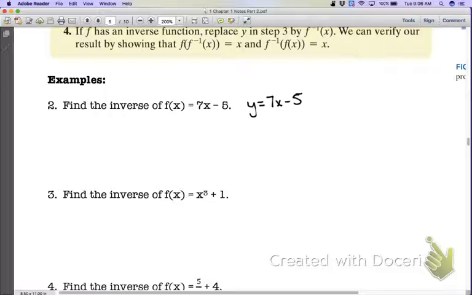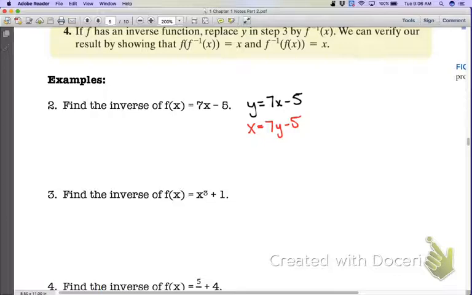Now, second step is to flip your x and your y value. So whenever I flip it, I just worry about the x and the y. It's going to be x equals 7y minus 5. Nothing else changes. Don't get in the habit of moving the 7x over here and the y there. It's just the x and the y flip places.